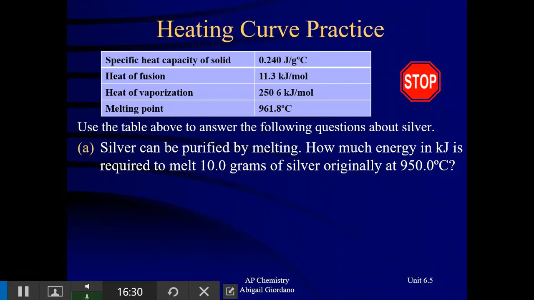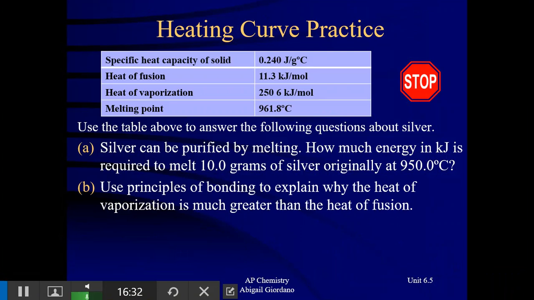Part B said use principles of bonding to explain why the heat of vaporization is much greater than the heat of fusion, which I can see that it is in the chart. It looks like there's a little bit of a typo there. That heat of vaporization should say 250.6. And here's why. Think about what's required to melt that silver, heat of fusion. Metals are in a crystalline lattice structure, just like ionic compounds are.